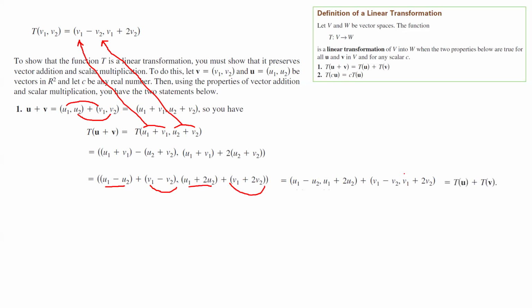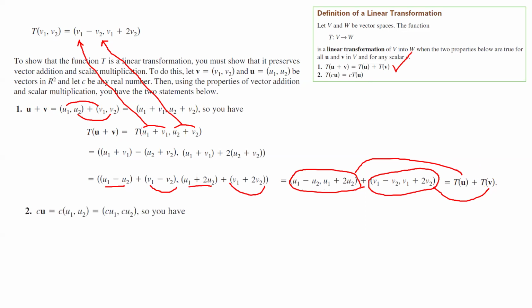The first one is your TU, and the second one is your TV. I just showed that this function preserves addition. I plugged in U plus V, and it gave me back TU plus TV. So the first condition is met.